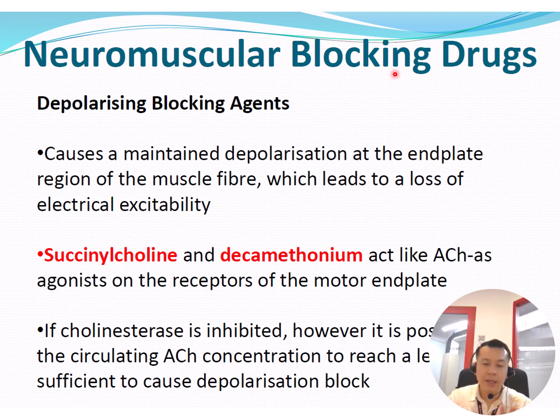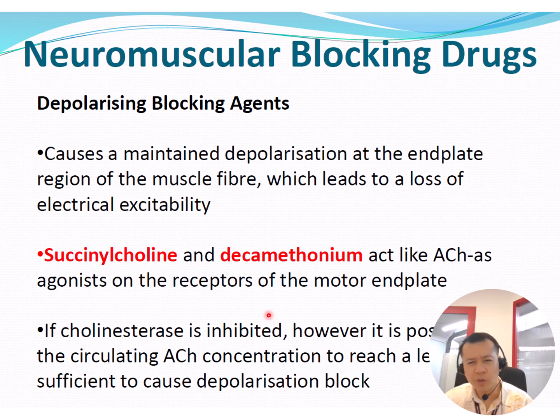Okay, unlike normal acetylcholine, they aren't broken down quickly. So they sit on this receptor and keep it depolarized, making the muscle fiber unresponsive to further stimulation as well. This is what we call a depolarization block. Okay, and it can leave the muscle flaccid as well.